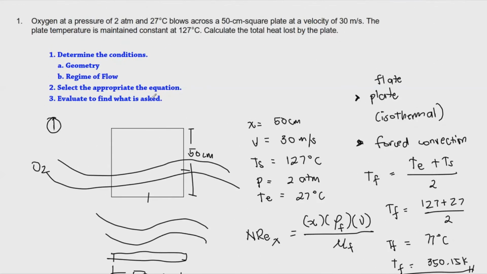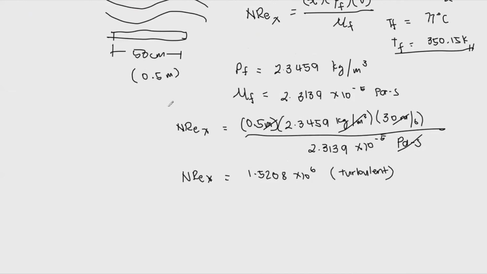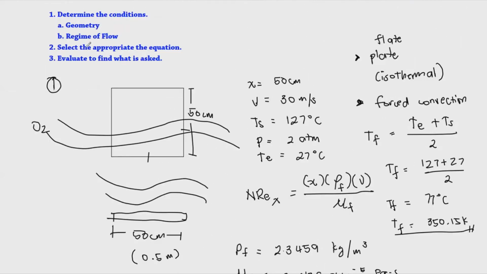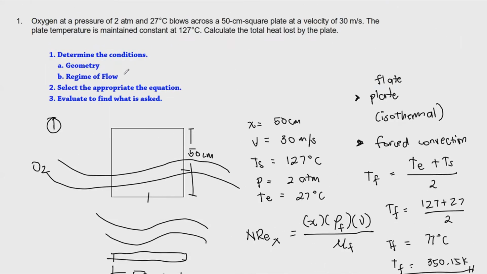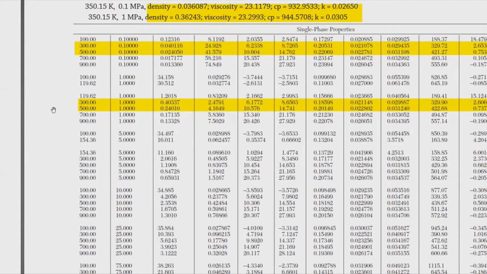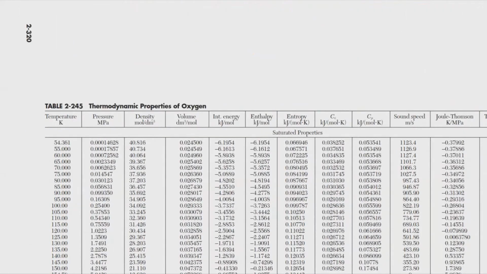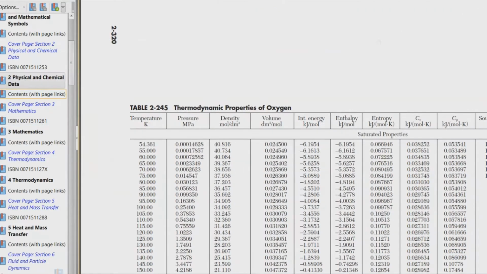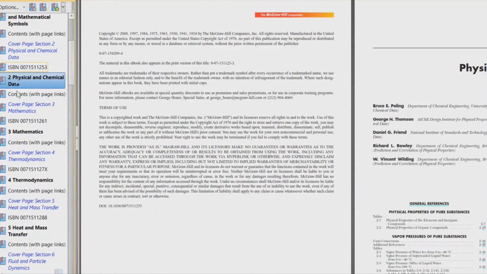So with those conditions, we can now proceed with number 2, which is to select the appropriate equation. So in that case, let's check the Paris Handbook and find the appropriate equation we'll be needing here. I think we'll be going back to this table after we've determined the correct equation.